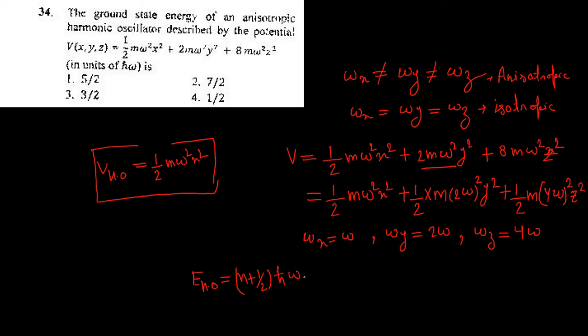So all three omegas are different, and for the ground state the value of n is 1. For the ground state the value of n is equal to 1. So how can we write this? We can write this as half h cross times omega x plus omega y plus omega z.